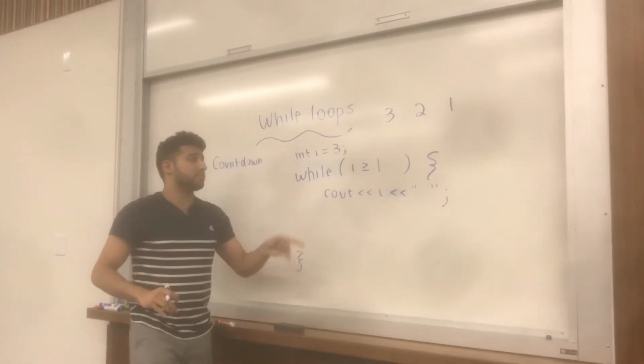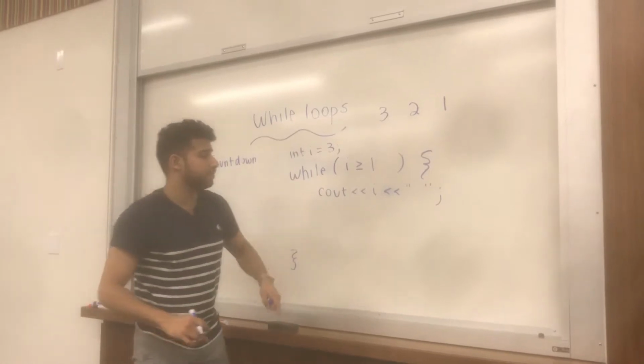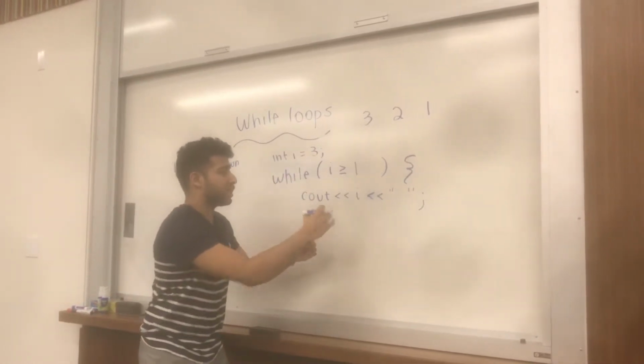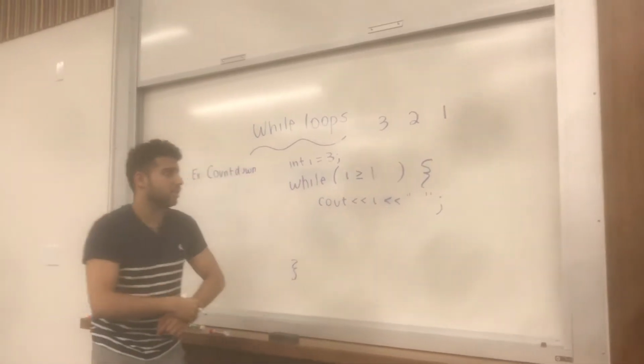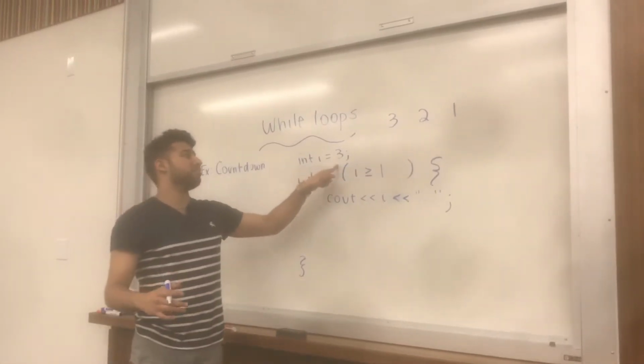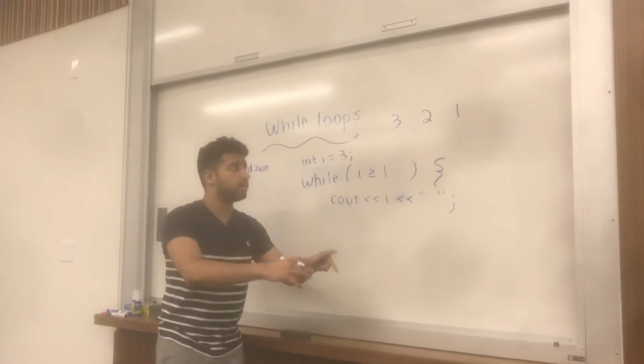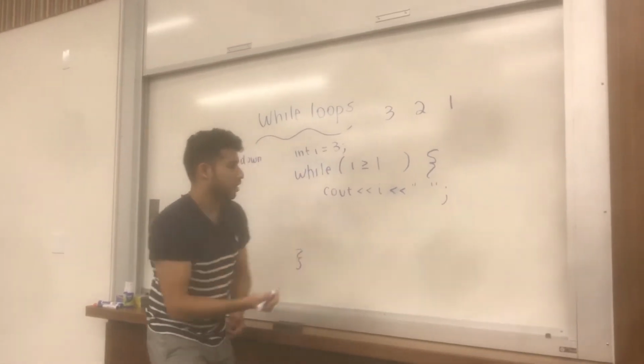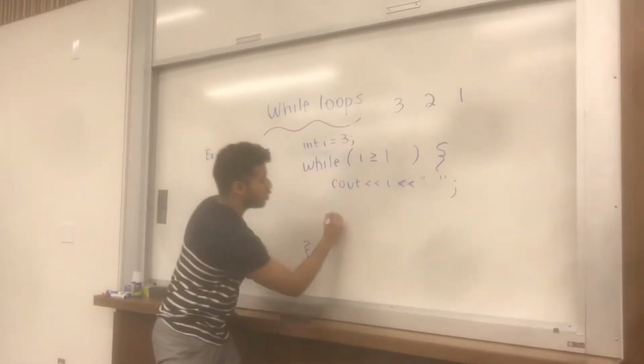So what this does is, as the while loop is executing, while it's repeating operations, we can just cout what i is. And now finally, we need to make sure to decrement i, because i needs to go from 3 to 2 to 1. That's pretty simple. We can just do i minus minus.